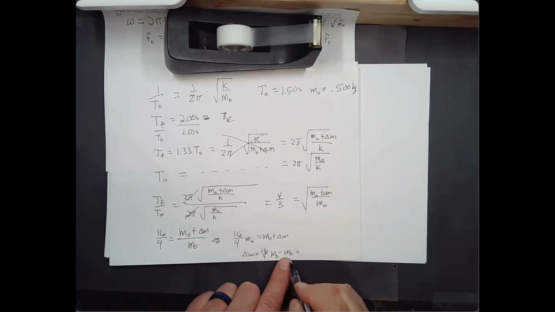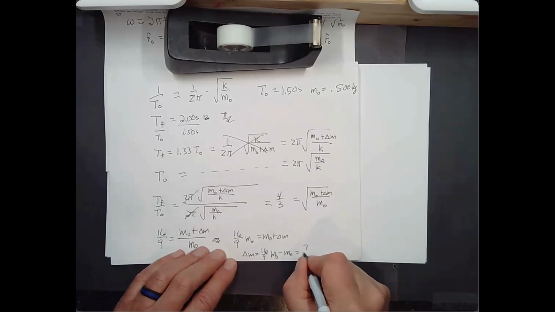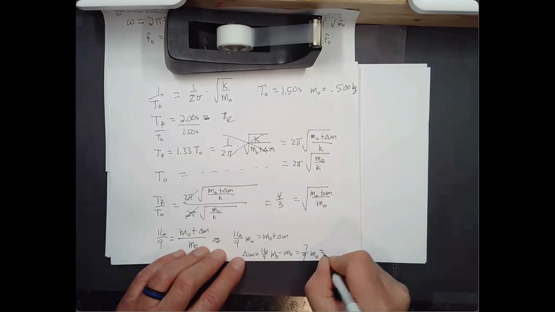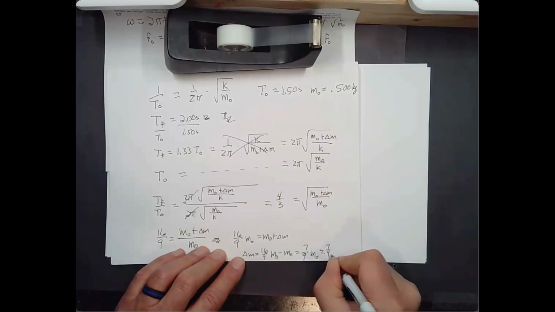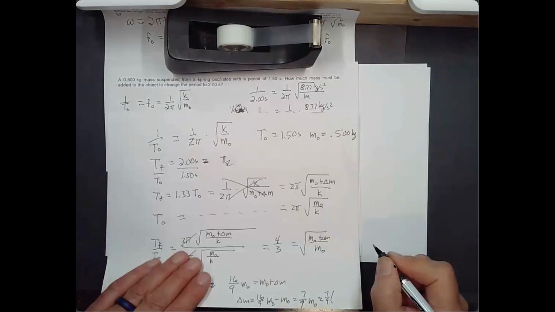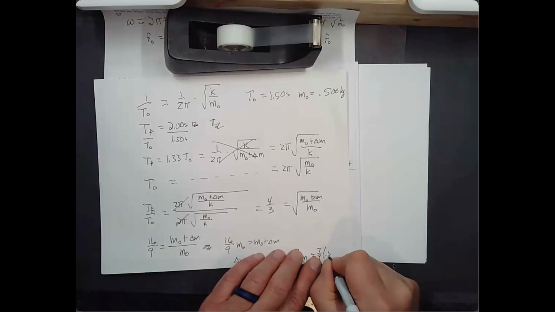M naught is 9/9 m naught. This ends up equaling 7/9 m naught, which is 7/9 times 0.500 kilograms.